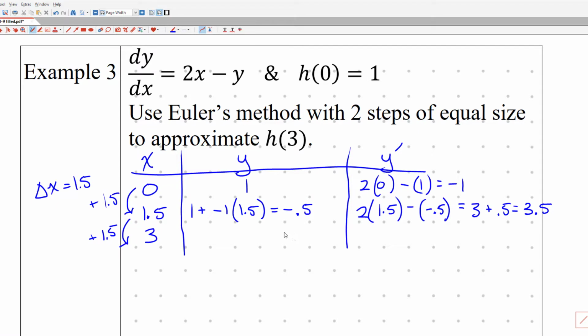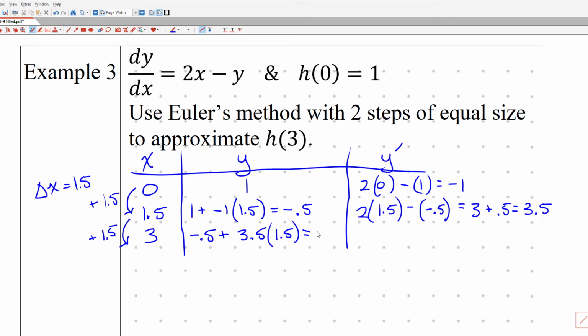Okay, so next step, we need to figure out what our new y coordinate is, and that will be the answer, right? So I take my old y coordinate, which was negative 0.5, and I'm going to add on this slope times the step size. So plus the slope 3.5 times the step size of 1.5.